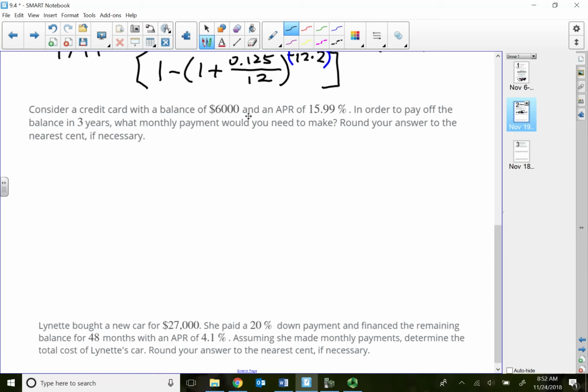Whether we use the credit card or not, as long as I owe this balance, my interest is constantly being charged monthly. So it's not just taking the number of payments and dividing into 6,000, because you have to think about all the interest that is occurring during the time you're trying to pay it off.